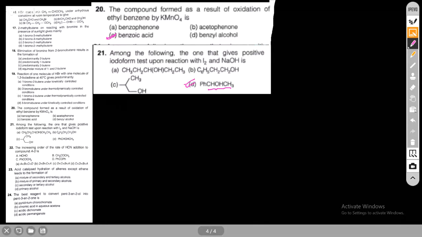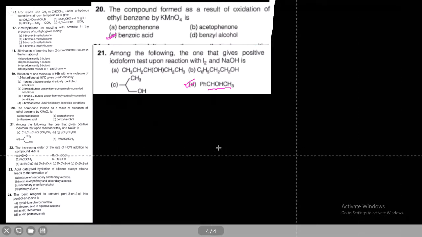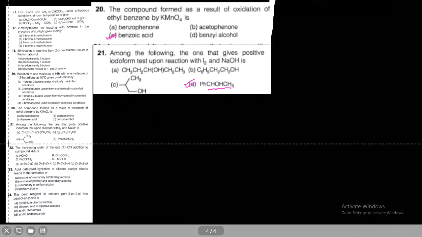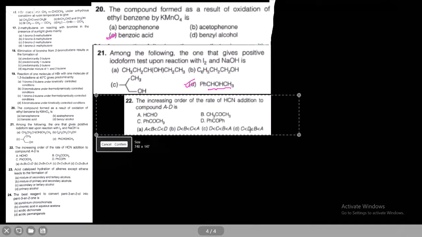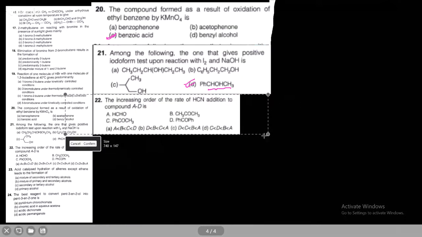Question number 22. Tell me. A to D. Addition of HCl.